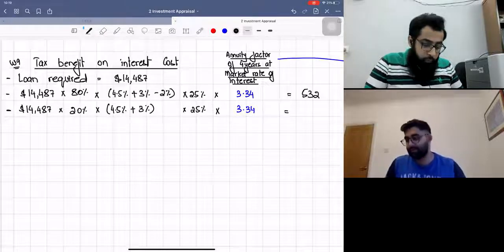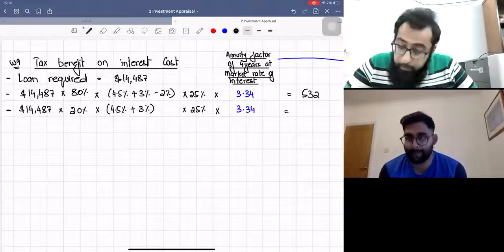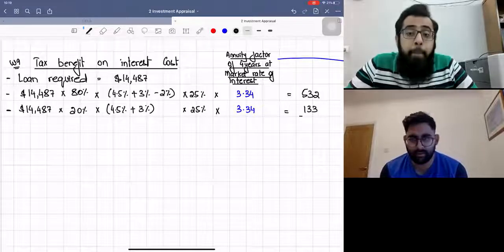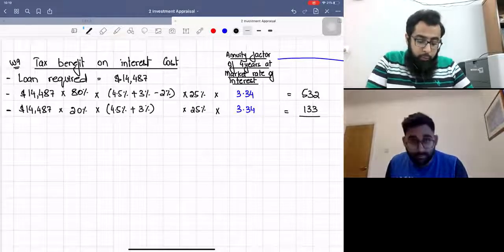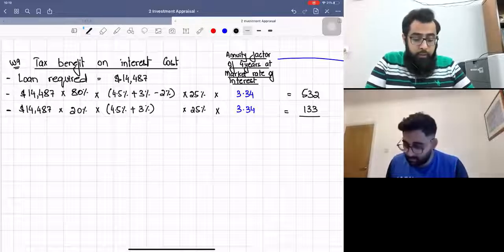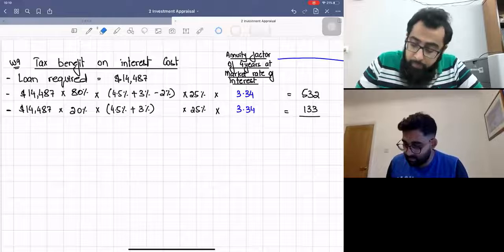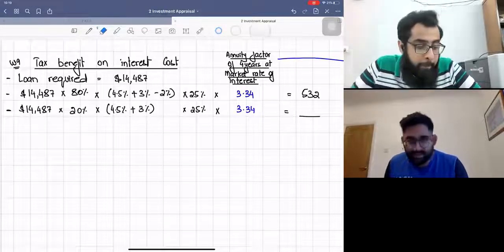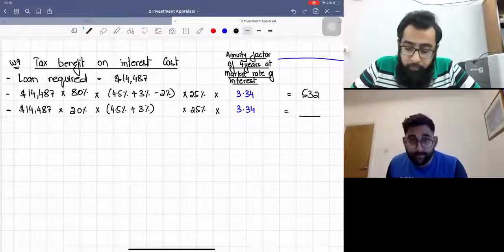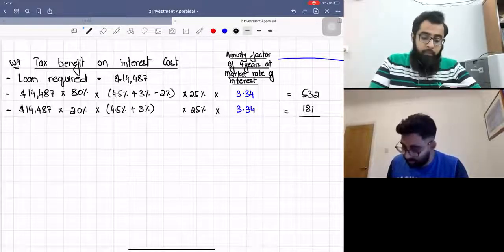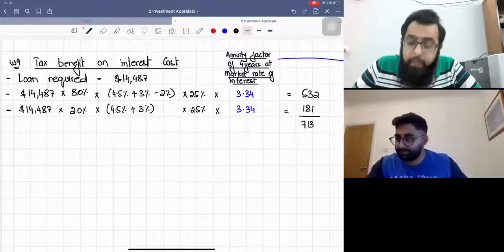Then 14487 into 0.2 into 0.075 into 0.25 into 3.34 is 181. Yep. 713 is the tax benefit.